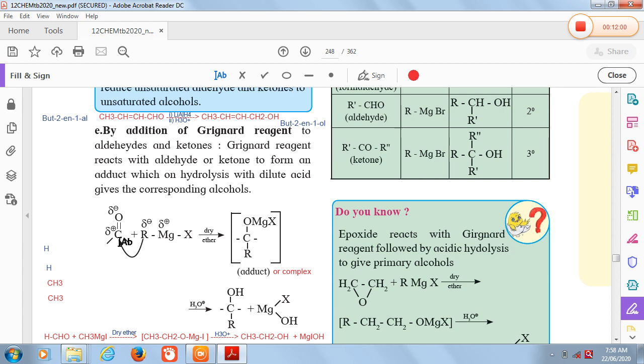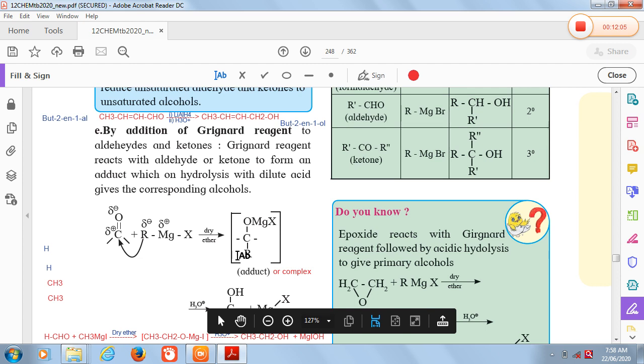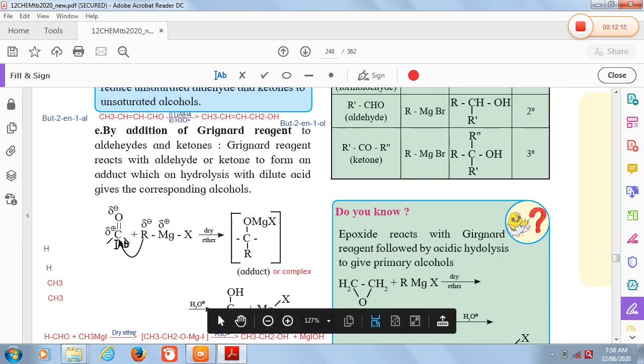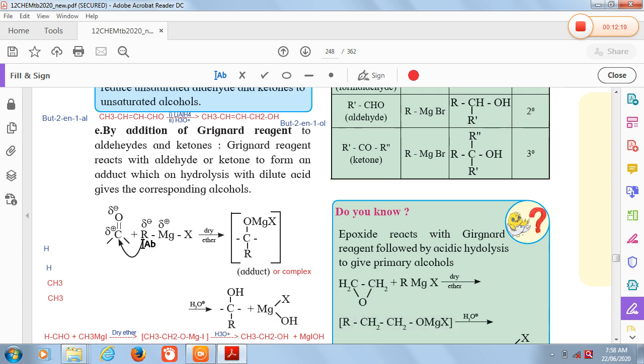It reacts with your carbonyl compound to give a complex in which the C=O gets converted to C-O single bond. The alkyl group is attached to the carbonyl carbon because the alkyl group is the nucleophilic part of your Grignard reagent, as it is the more negative part.